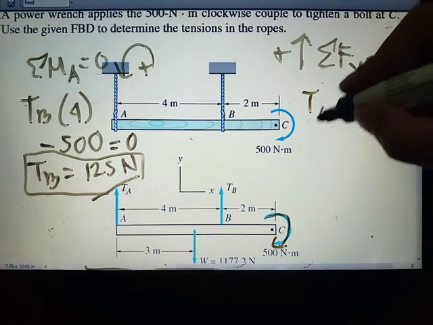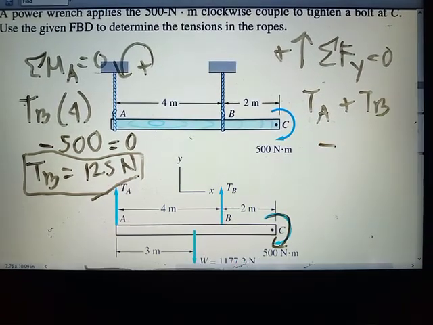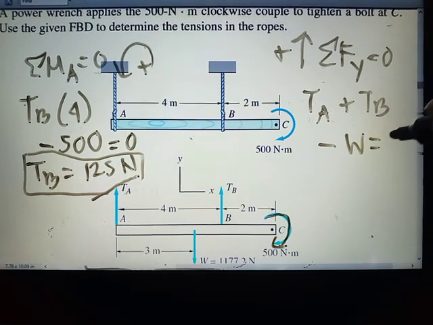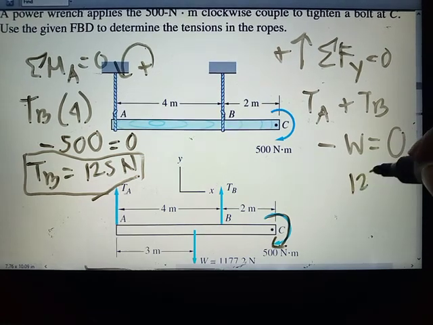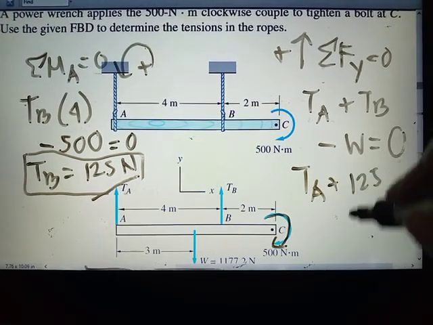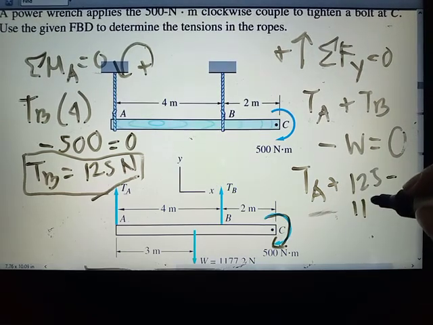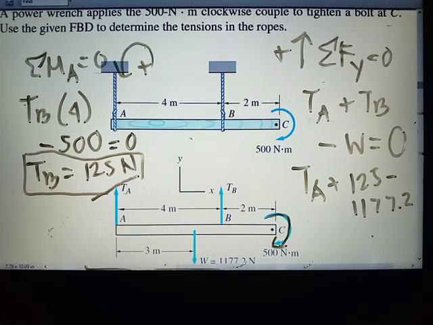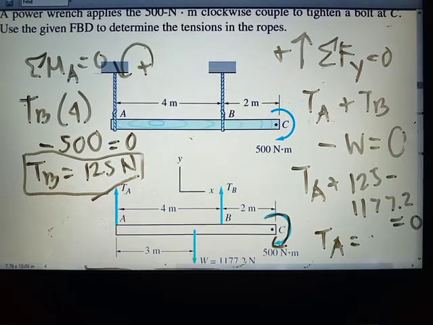So we have TA, since it is upward, plus TB minus W equals 0. We know that TB is 125, and W is 1,177.2. Equate that to 0, so we can solve for TA.